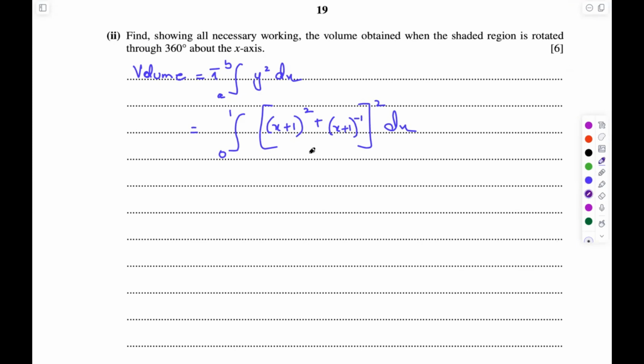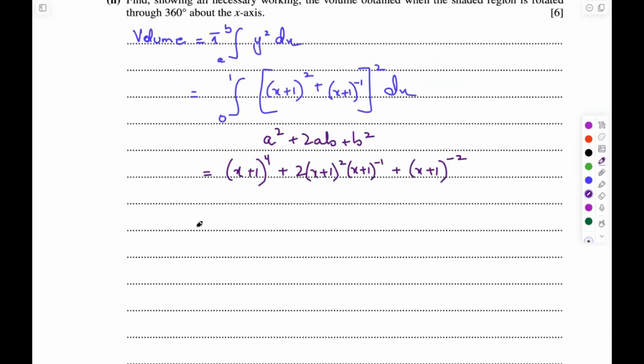Now we can treat this as a plus b, so we can apply the formula a squared plus 2ab plus b squared to expand the whole square. So a is x plus 1, so that will become power 4, plus 2 into (x+1)^2 into (x+1)^(-1), and then ((x+1)^(-1))^2 will become power minus 2. Now, before integrating, we can simplify this.